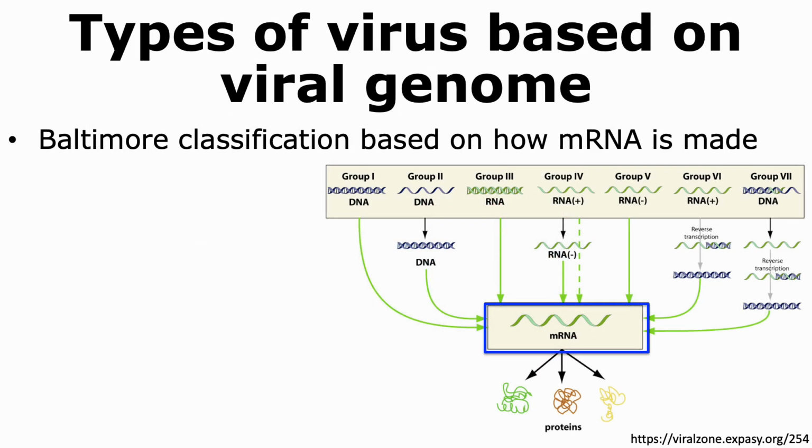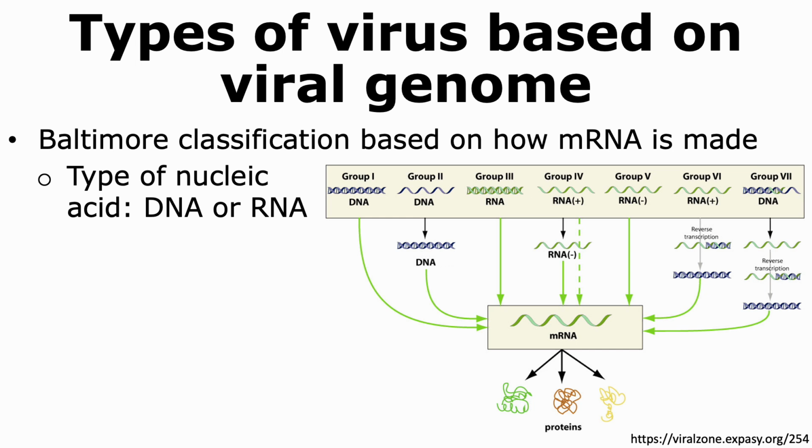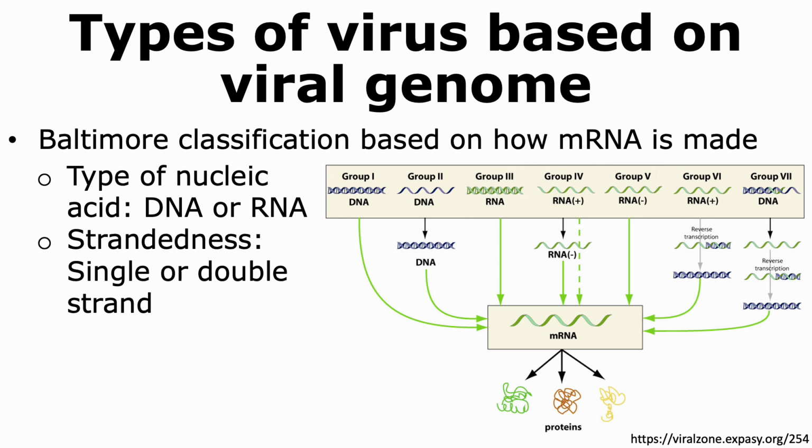Another way to classify viruses is the Baltimore classification scheme, which is based on how the messenger RNA is being synthesized from the viral genome. The Baltimore classification scheme takes into account the type of nucleic acid. So viruses can either have DNA or RNA as part of their nucleic acid. It takes into account the strandedness of the nucleic acid.